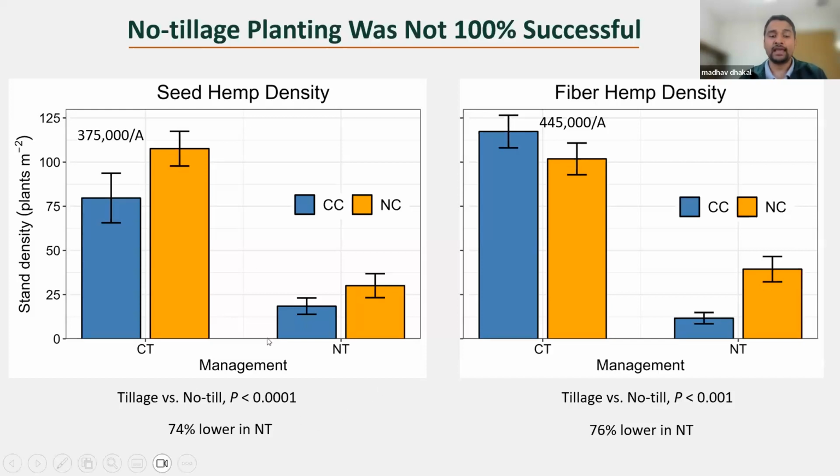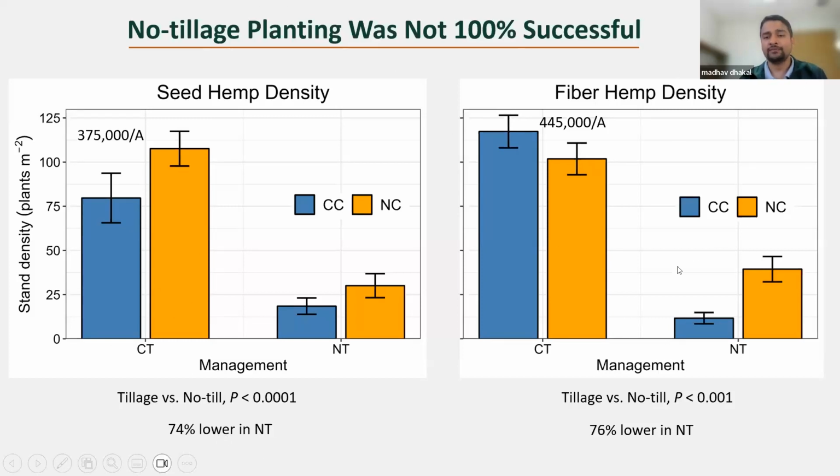For no-till hemp, the density is really, really low, about 10, 15 to 20 plants per square meter. And with cover crop on the top, vetch and Austrian pea, the emergence was really poor, about 74% lower compared to the conventional till for the seed hemp density.